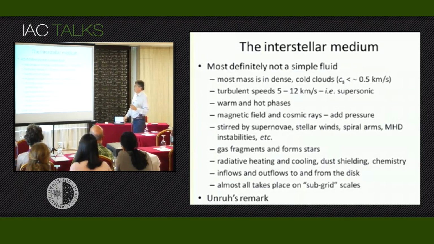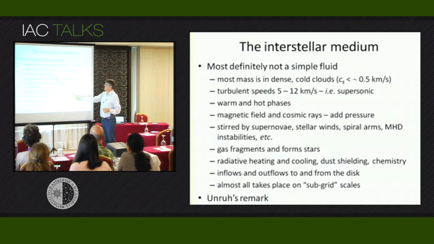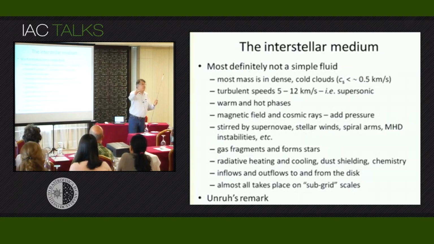Then in addition to the dense clouds, of course, you've got warm and hot gas, the three-phase medium that you learn from your textbooks on the ISM. It's got magnetic fields, it's got cosmic rays, and both of those things add pressure to the fluid, as well as the turbulent speeds, which is equivalent to pressure.